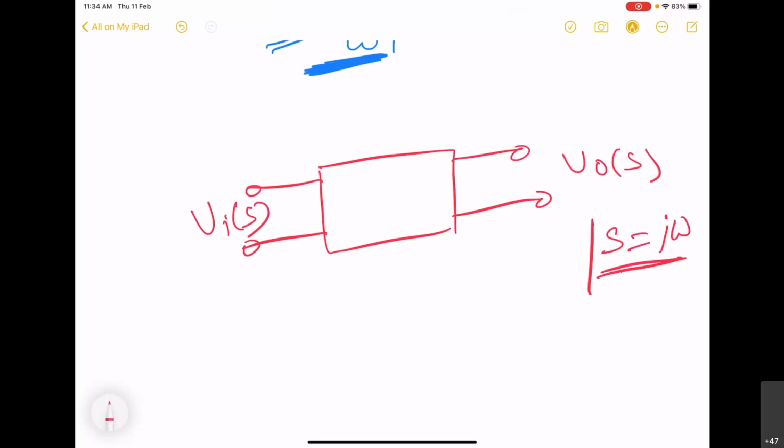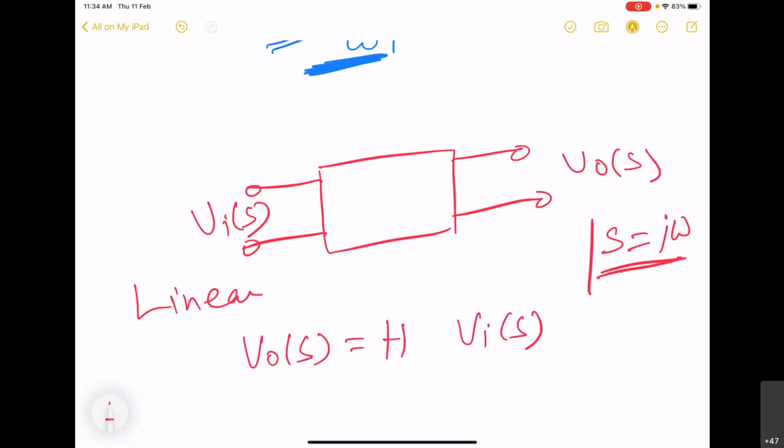So if we have a network and the network is linear, that means the output is going to be a constant multiplied by the input, and that constant we will designate as H(s).